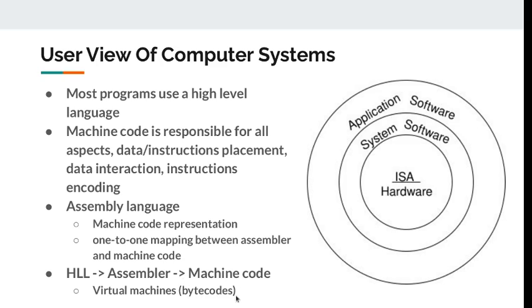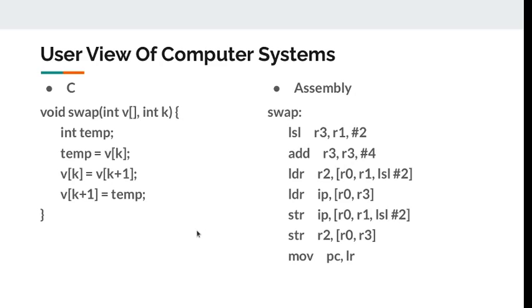Those bytecodes are executed by virtual machines, and these virtual machines communicate to the machine code. That's a different approach to the problem, but basically you always need several steps between your high-level language, something that everybody can understand, and the machine code.